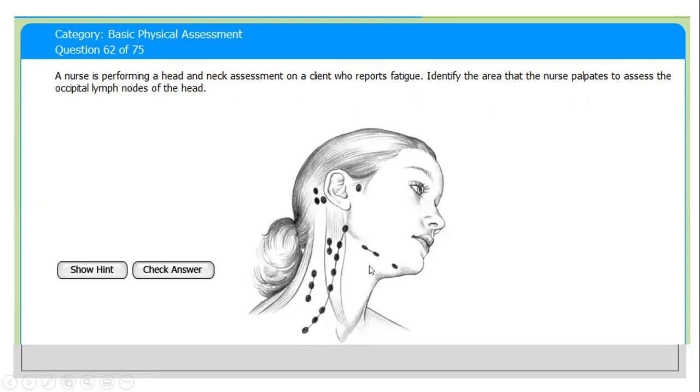The picture shows the chain of lymph nodes. You have to click which group of lymph nodes is called the occipital lymph node. This is the preauricular, this is submandibular, subclavicular, but which one is the occiput?